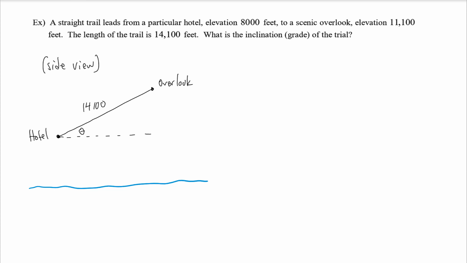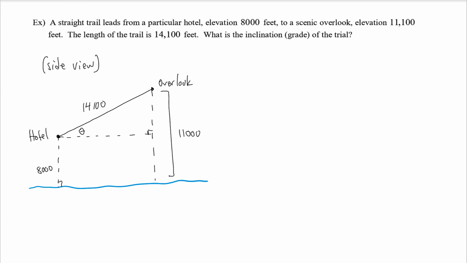So the hotel's elevation was 8,000 feet, and the scenic overlook had an elevation of, so this distance, of 11,000. Grabbed the wrong number there. Gotta check myself. 11,000. So that's 11,000. Okay, and the trail's 14,100. All right, got it. And let's see, we want to know that angle.